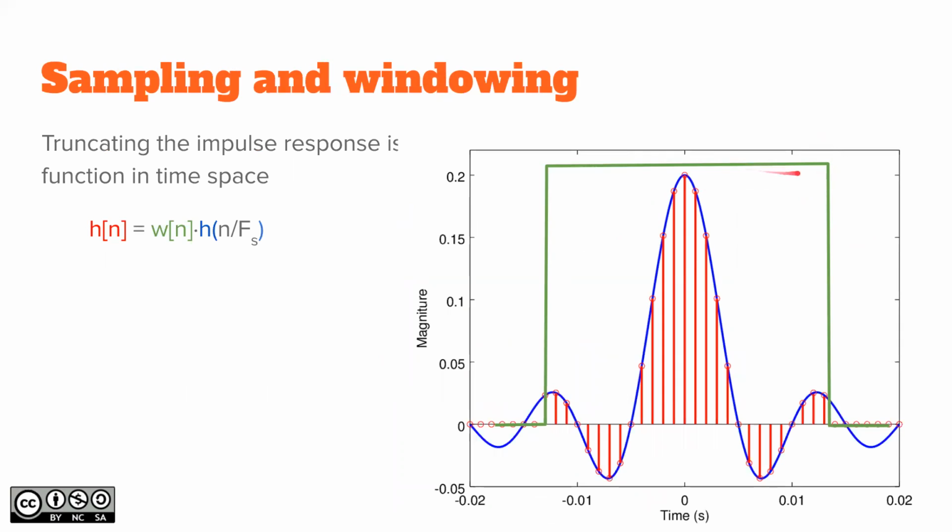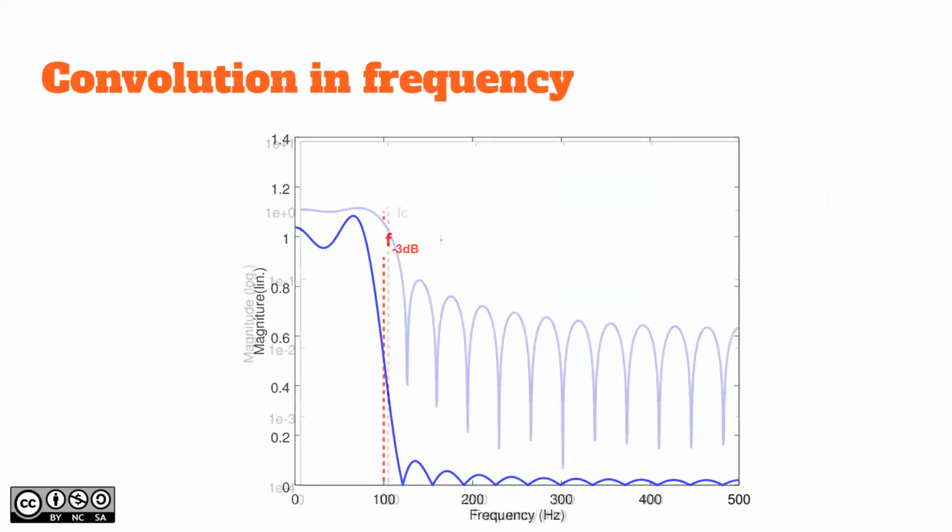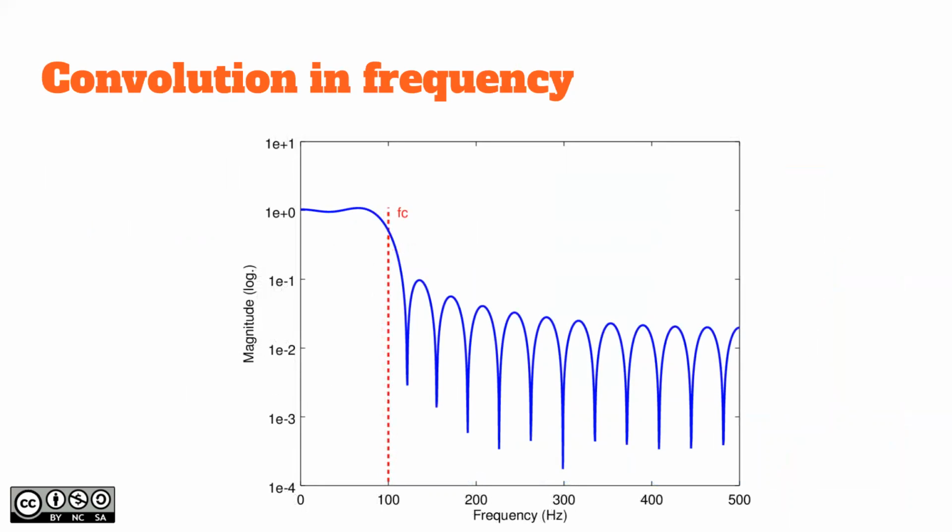In order to get this in time space, you need to have high frequency components, especially for this edge here, the rising and falling edges of the window. If you want to reduce the amount of spectral components at higher frequencies, then basically you can smooth the window edges.